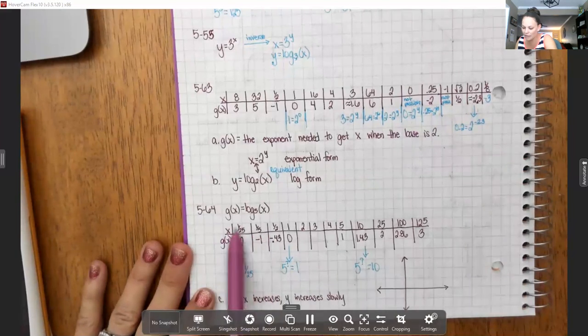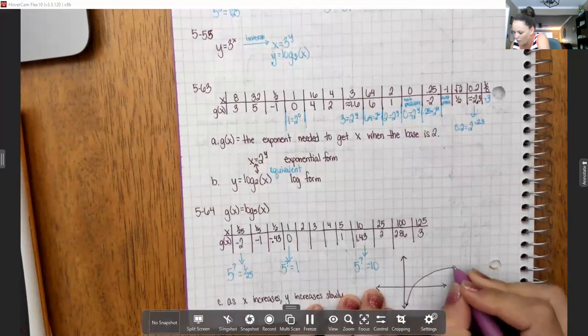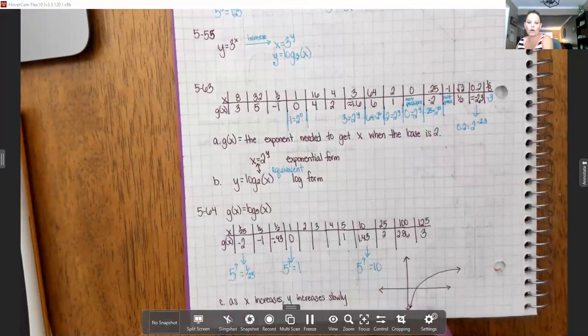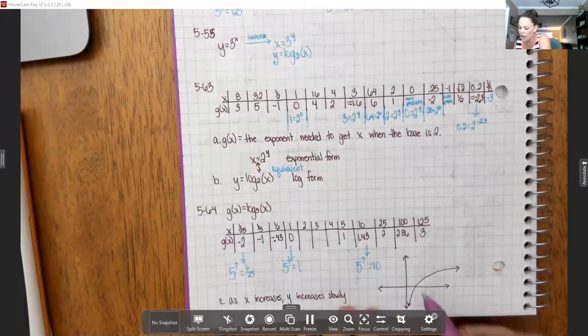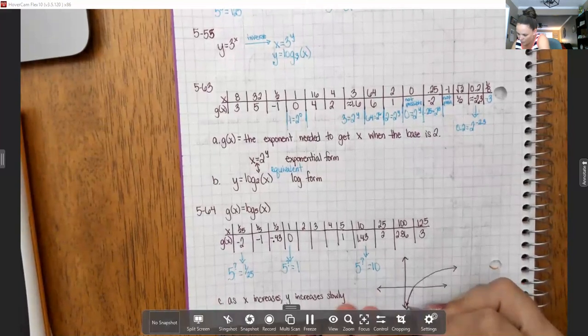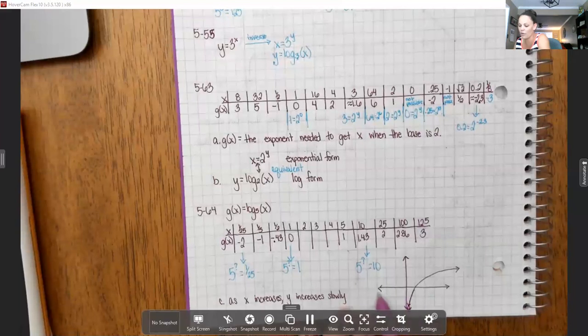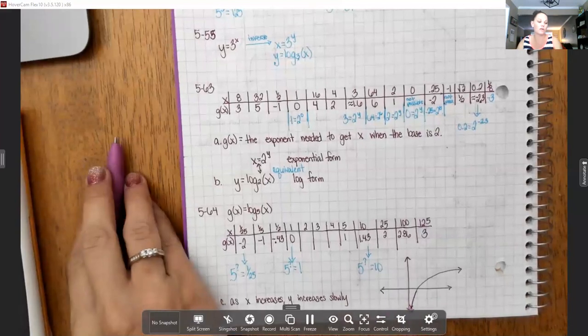If I make x's smaller, I'm going to get this asymptote here. So this is our log graph. The inverse of an exponential is a log. And we can see that this is the asymptote. I didn't draw it very good. So that's why x cannot be 0 or negative numbers.